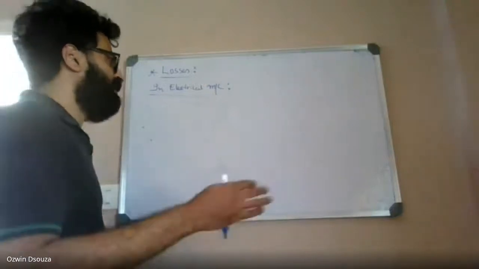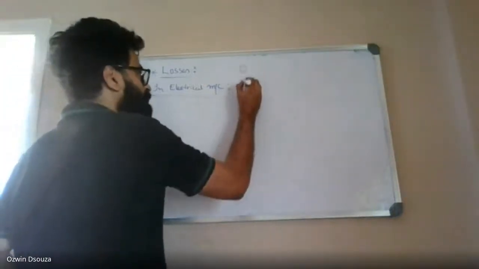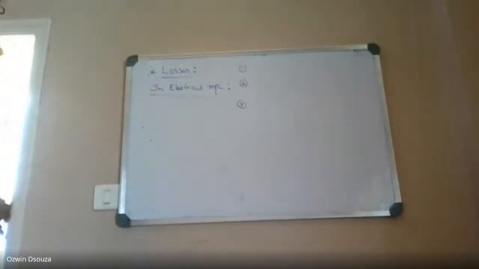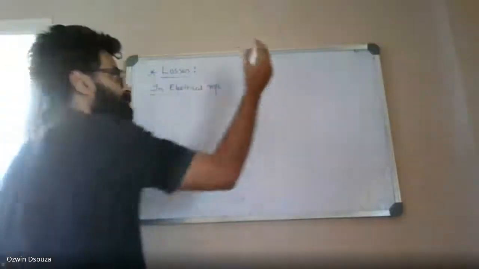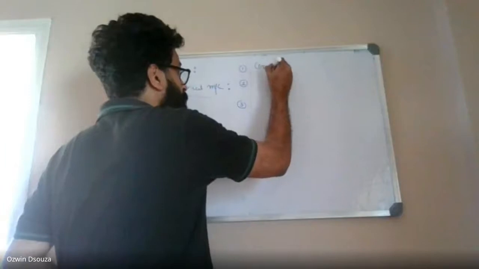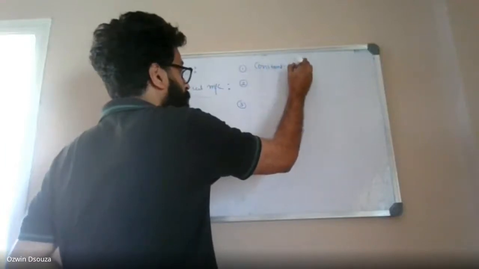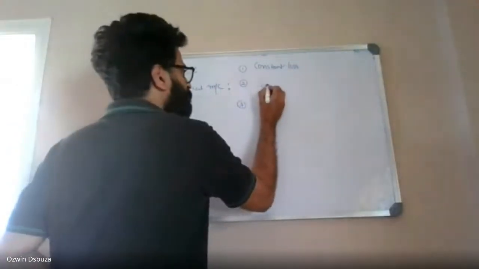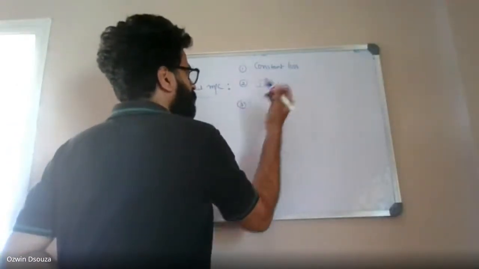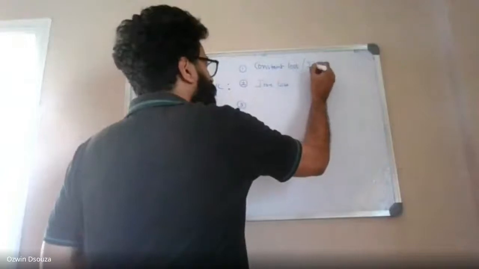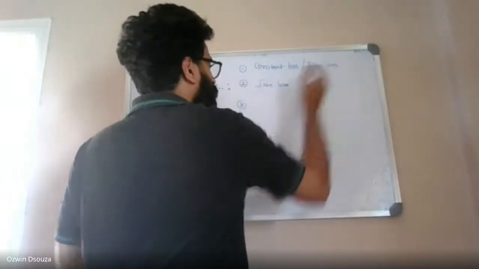Losses in electrical machine are majorly classified into three types. The first loss is the constant loss, or iron loss, one and the same.